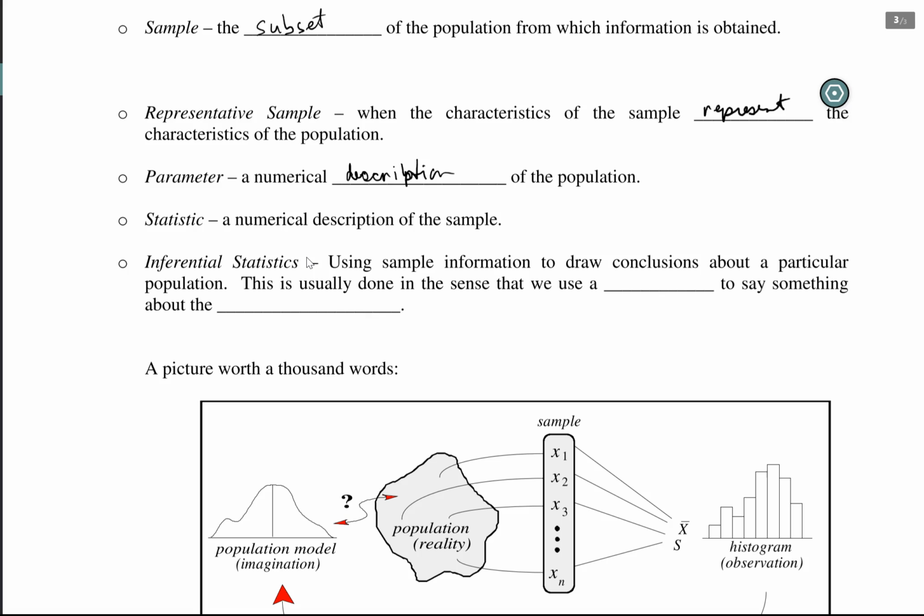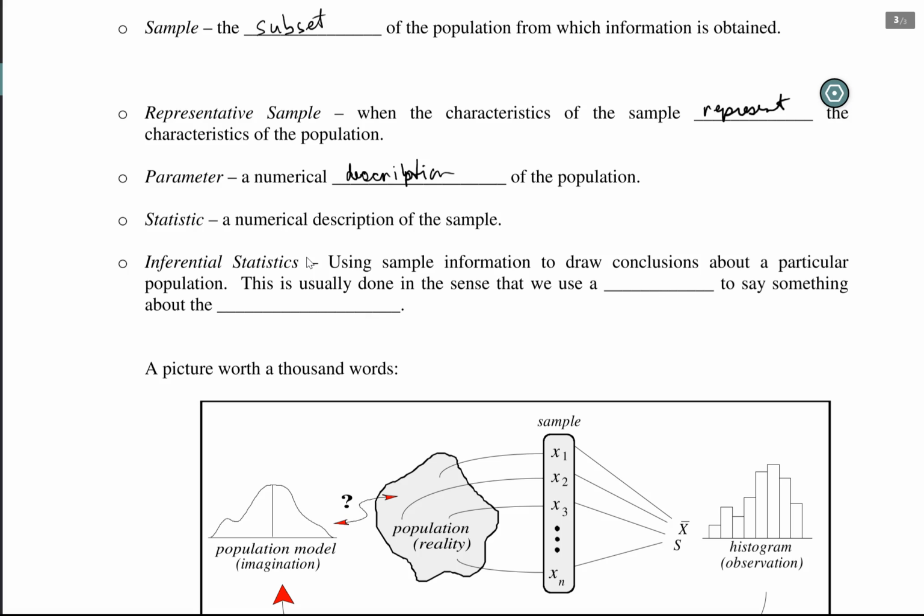A statistic is a numerical description of the sample. That is known because we do know our sample.